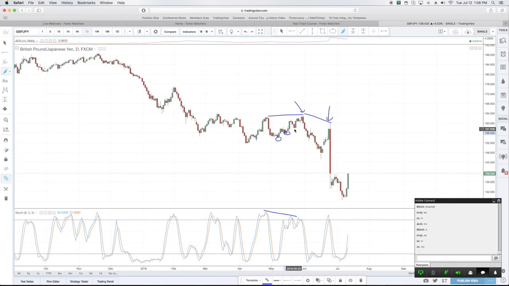No. But this time, even though he went up stronger, his pullback is also strong. Now he goes up this time weaker, and his pullback is still medium. Comes down 50%, but doesn't breach this guy.